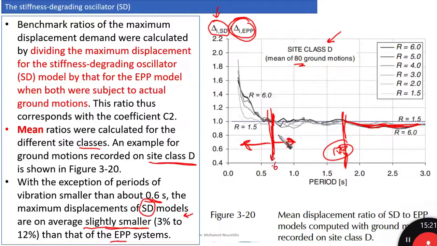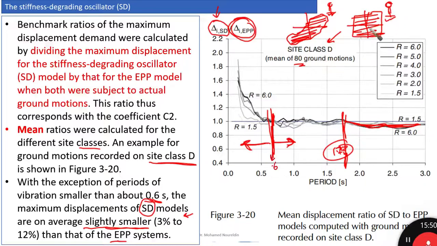Okay, this is, as I said, maybe counterintuitive, something surprising for us, because commonly whenever there is a system with EPP and another one with a pinched shape like here, you are going to find that the energy dissipated here is less than here. So we are expecting the response of this single degree of freedom system to be larger than the response of this, right?